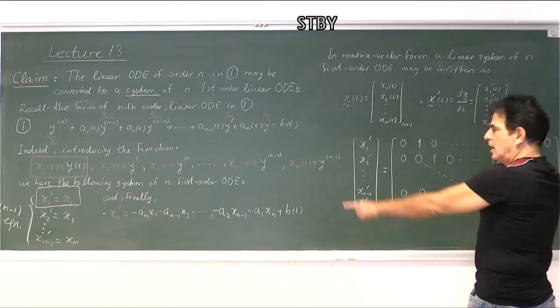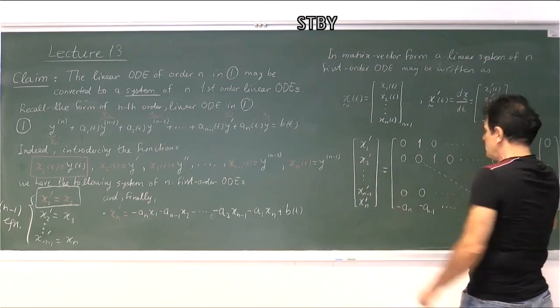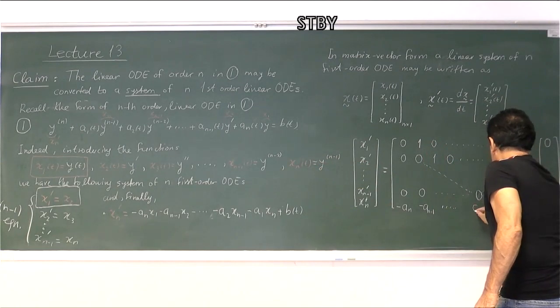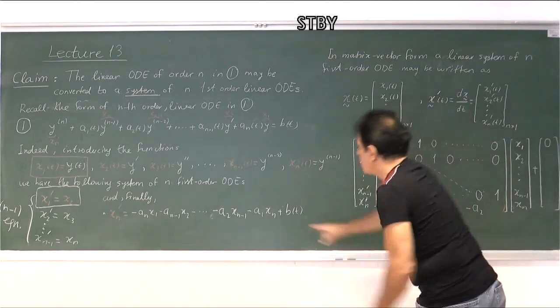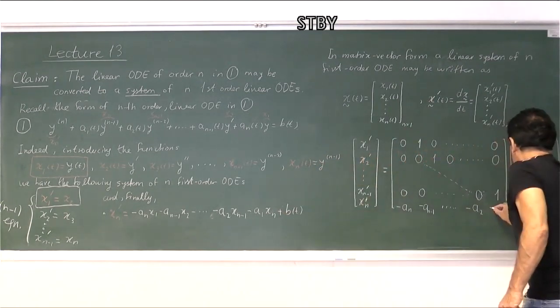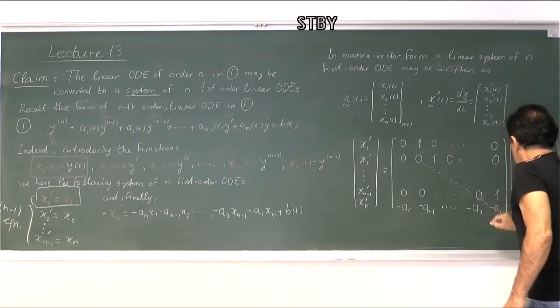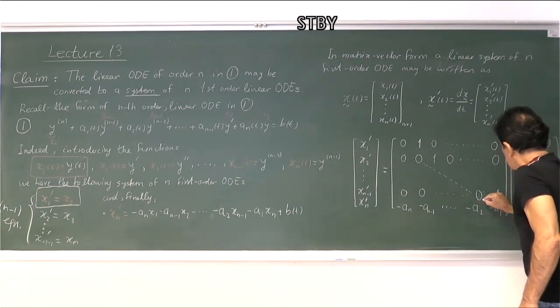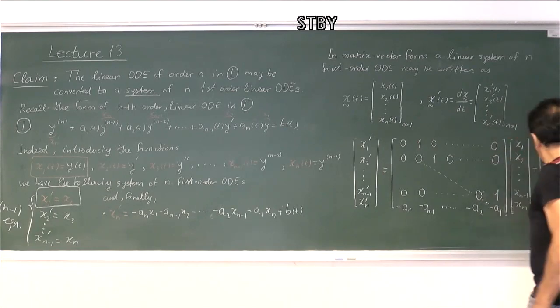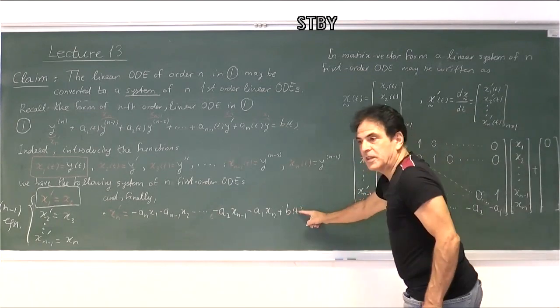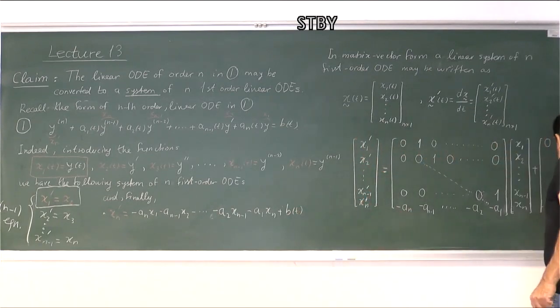Continuing this way, x_{n-1} is multiplied by minus a2, and x_n is multiplied by minus a1. And we have the non-homogeneous term b of t.